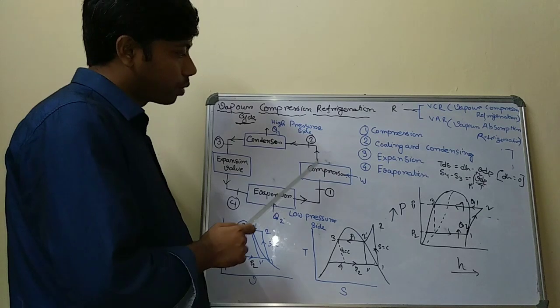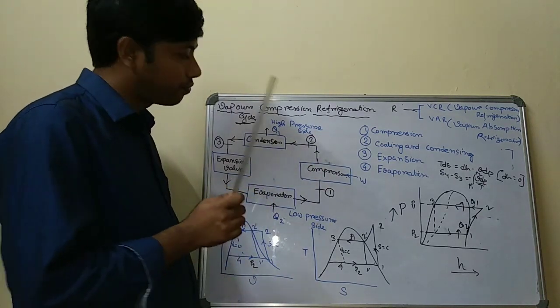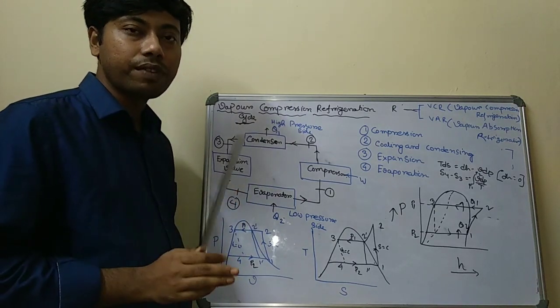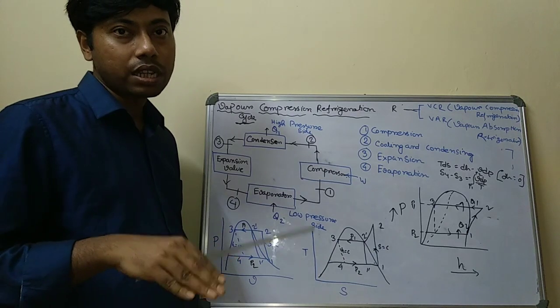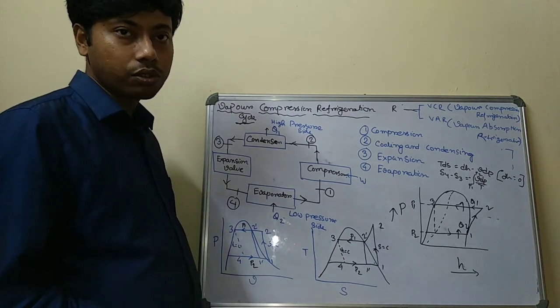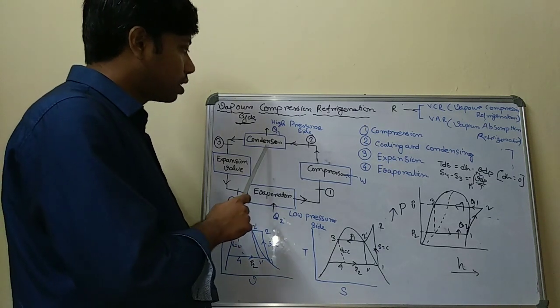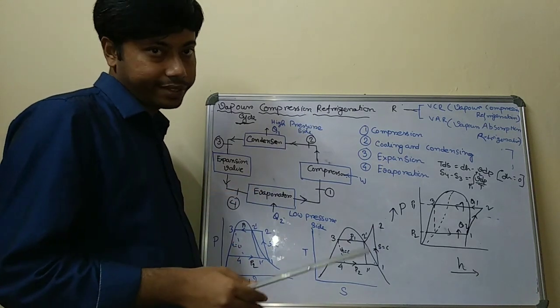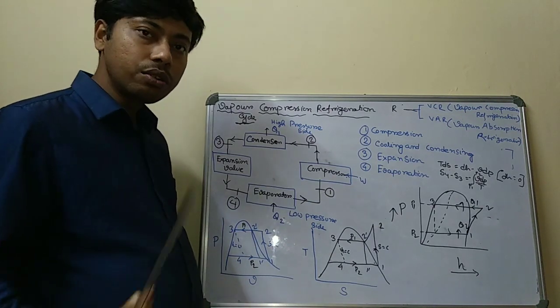First, you have to know the function of each individual component of the VCR cycle. First is the compressor. The compressor's main function is to increase the pressure, as well as the temperature, of the vapor. The condenser is used to condense the vapor and transform it into liquid.